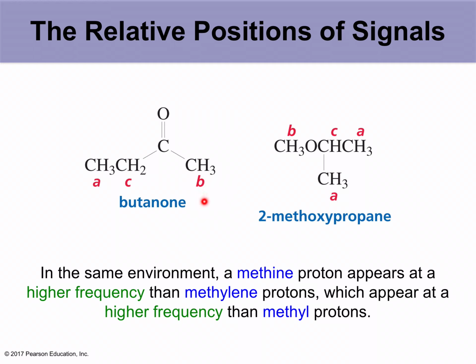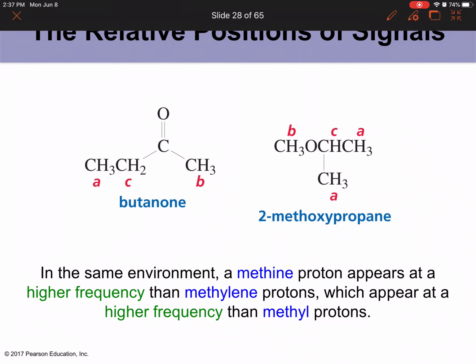Now let's see which one is going to be more deshielded. Now if you look at C, okay, so this carbon, now carbonyl group, this group is an electron withdrawing group, carbonyl group. Okay, so electron is going to withdraw.